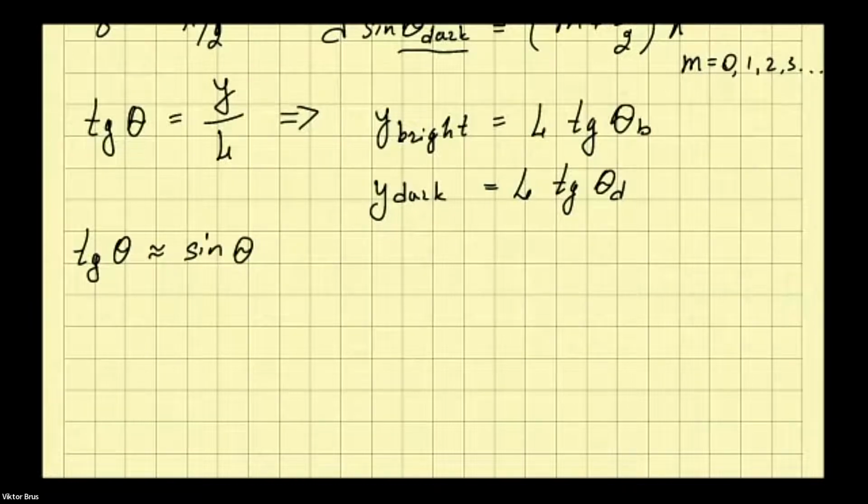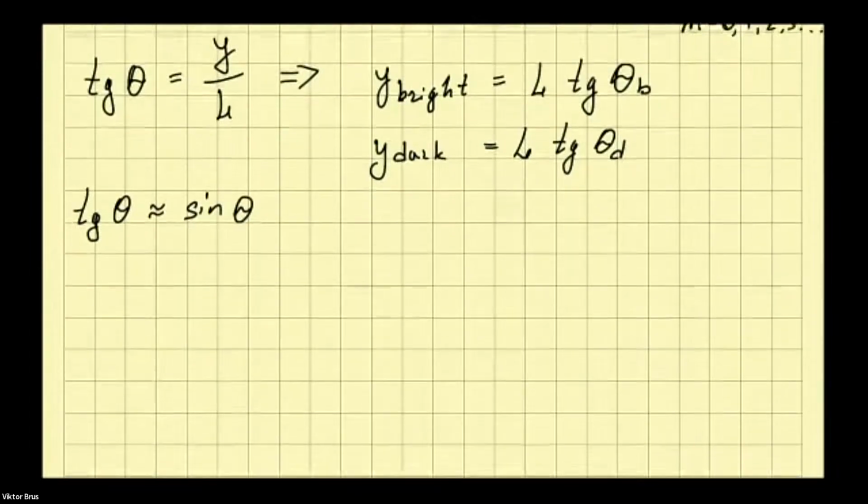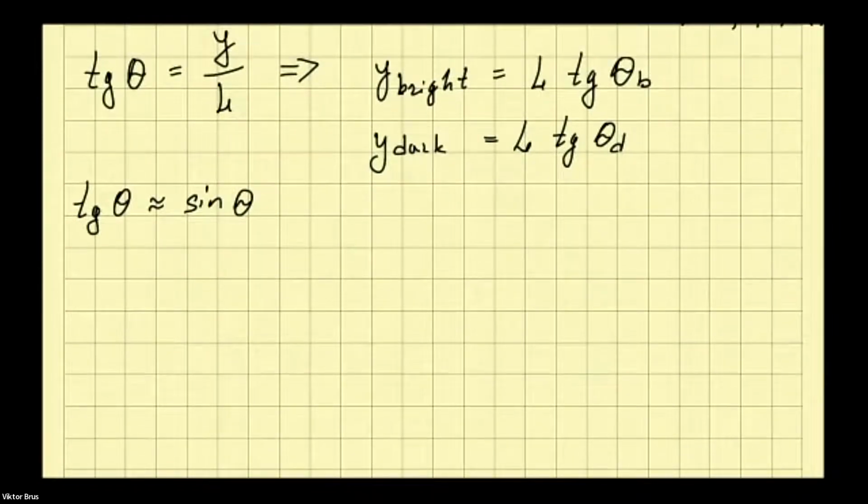And with this, we can again give definitions for the linear position of bright and dark fringes. So in this case, we can write Y bright position will be equal to L times sine theta bright.